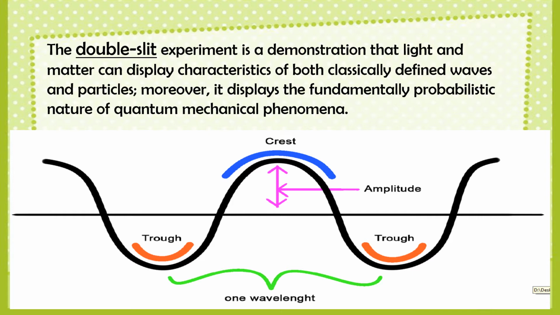From trough to trough, there is space there, and that is what you call one wavelength. If you can see another trough, then that would be another wavelength. So in that case, if there is another one here, then you have already two wavelengths.